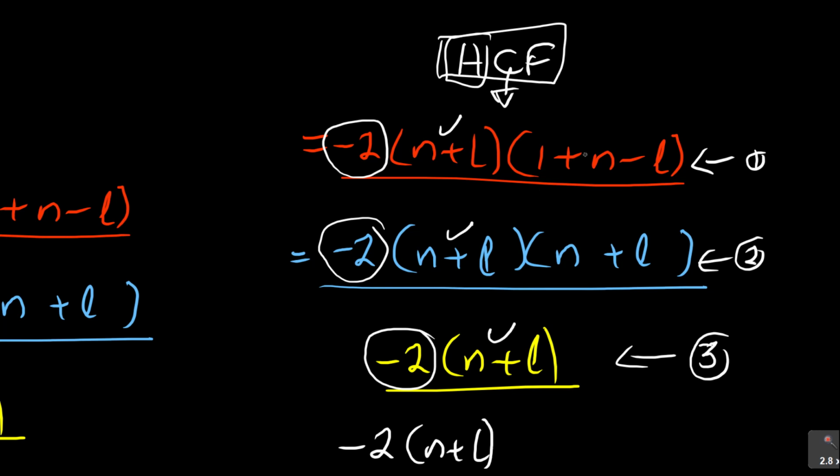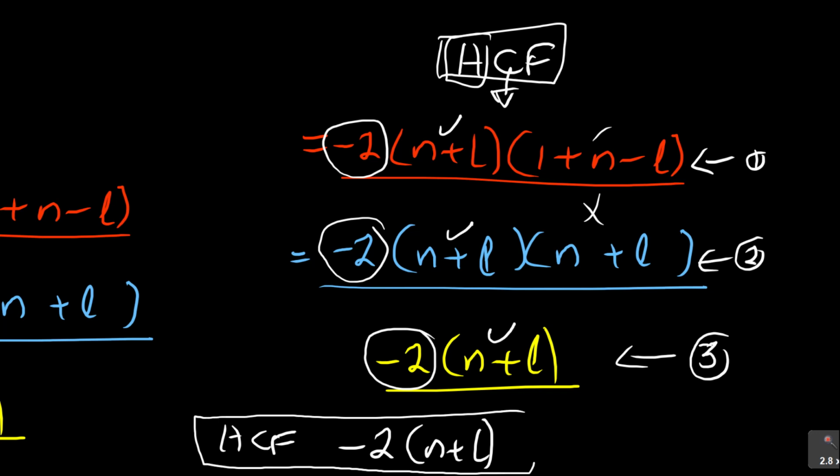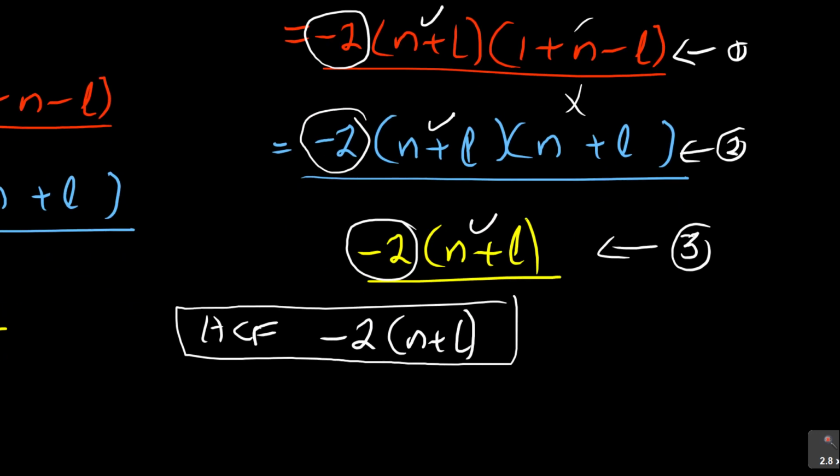Then after that, this is 1 plus n minus l already. Is there something similar on the next one? No, on the other one. So that's it. So that becomes your highest common factor. They are saying which item or expression will divide into this one, it will divide into that, and it will divide into that without leaving a remainder.